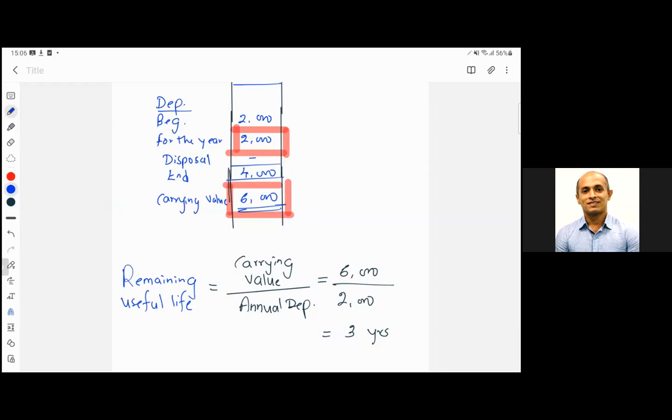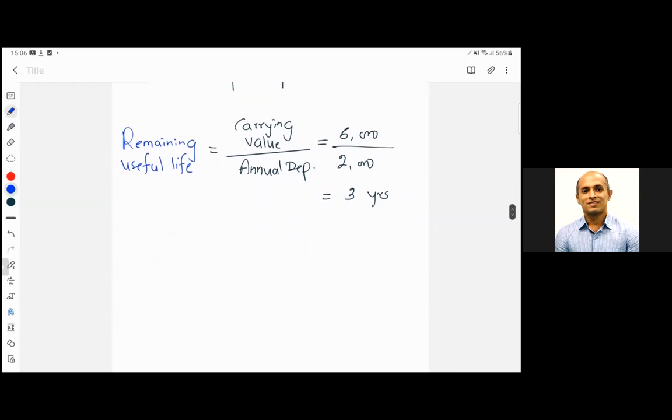Then you estimate how many years this asset has been used.